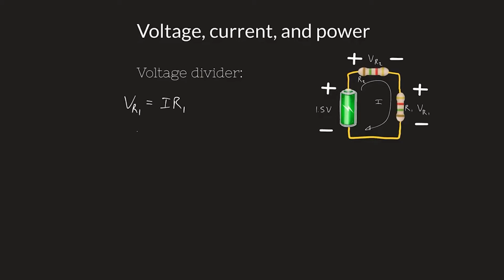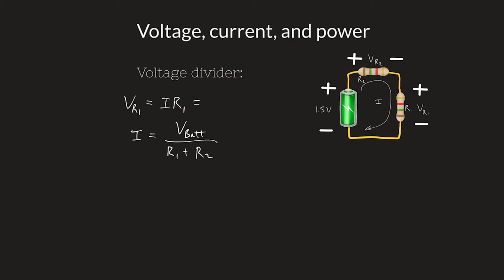So back to VR1 equals I R1. How do we find VR1? Well, we have to know I. And what we do know about this circuit is that I goes through both resistors. So if we knew the voltage drop across both resistors, we could use Ohm's law across both at the same time. So I equals the voltage across both resistors, which is the voltage being put out by the battery, divided by the total resistance that voltage is being dissipated across.